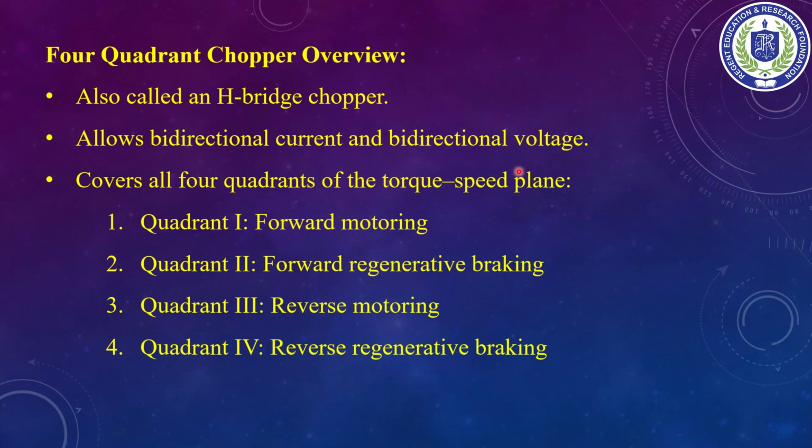Similarly, we have bidirectional current. These are all covered in the torque-speed plane. Quadrant 1 is for forward motoring, quadrant 2 for forward regenerative braking, quadrant 3 for reverse motoring, and quadrant 4 for reverse regenerative braking.